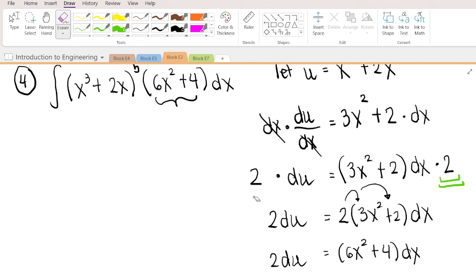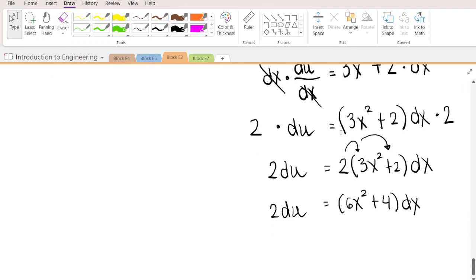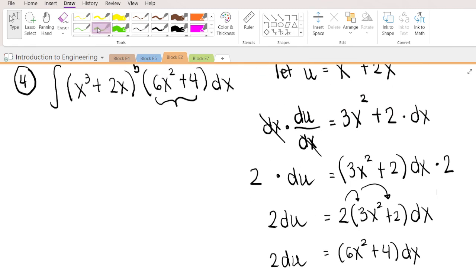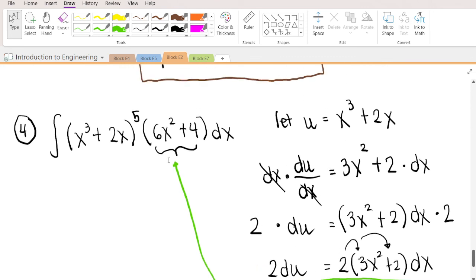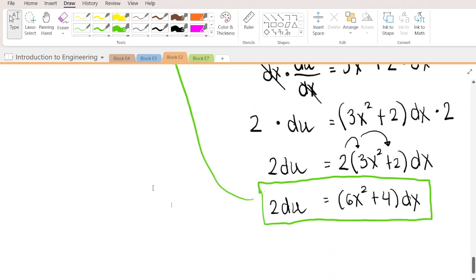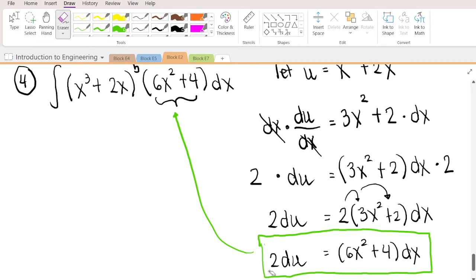I forced the 2 on both sides to force the right side to become 6x squared plus 4. And then right after, the 2 du is something that I will substitute in the integral later. So yeah, that's it. I hope you were able to get the idea behind it.